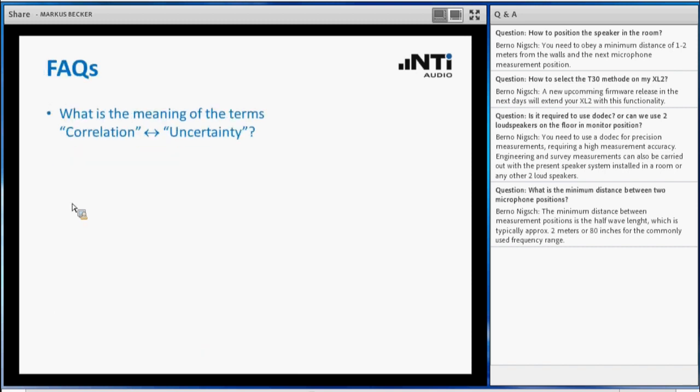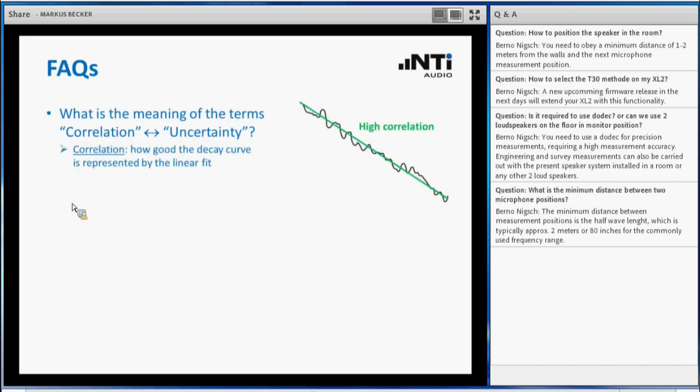One of the most frequently asked questions is: what is the difference between these two terms, correlation and uncertainty? I want to explain that to you by showing this sketch. Correlation is an indication of how well this linear fit meets the decay curve.